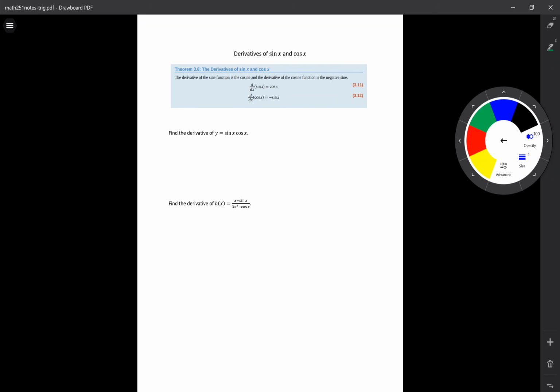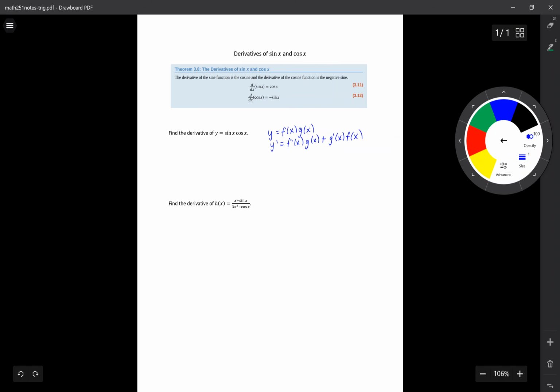So let's find the derivative of y equals sine of x times cosine of x. So here we have two functions that are multiplied together, so we are going to have to use the product rule. So remember, the derivative of a function that looks like f of x times g of x, where f of x and g of x are functions, is equal to f prime of x times g of x plus g prime of x times f of x.